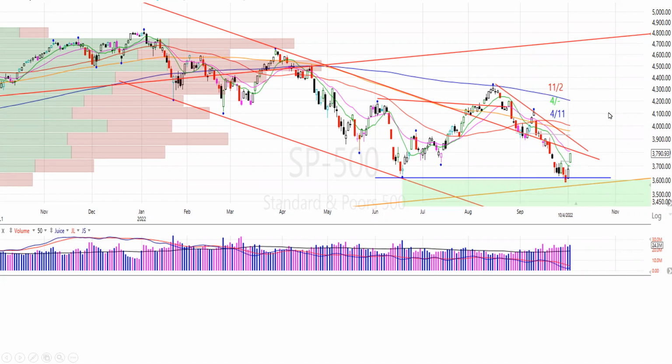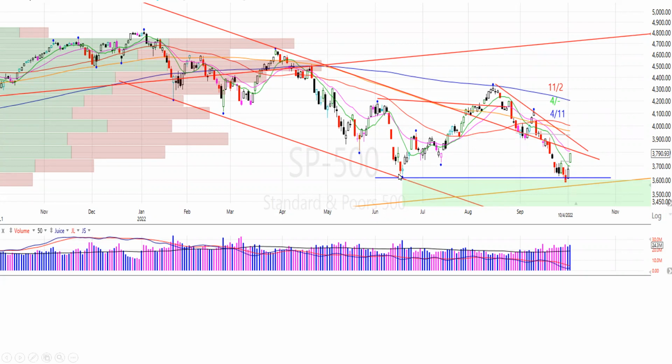Overall, in terms of up and down days, we have an up-down ratio of 4 to 11. That means 4 days were up and 11 days were down. And so a strong net selling bias continues.